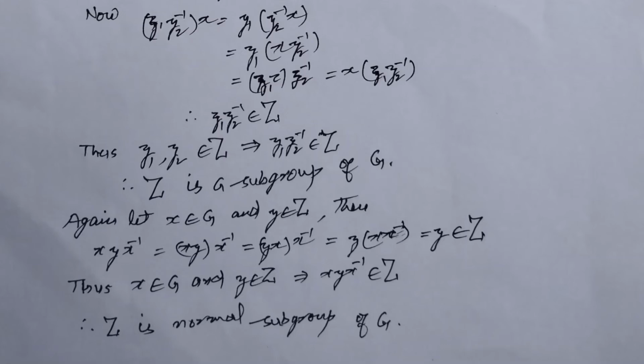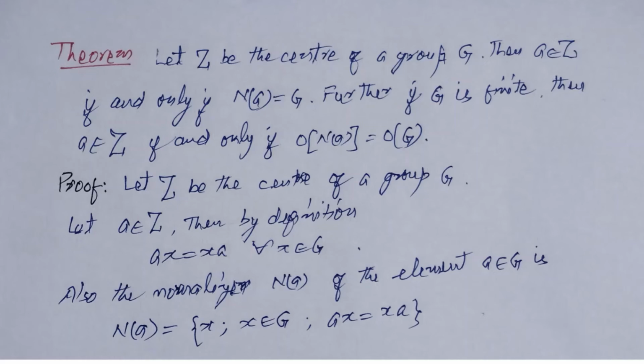Again, x x inverse is the identity element. So this is equal to z, which belongs to Z. Thus, x belonging to G and z belonging to Z implies xzx inverse belongs to Z, and therefore Z is a normal subgroup of G. This is a very important theorem.